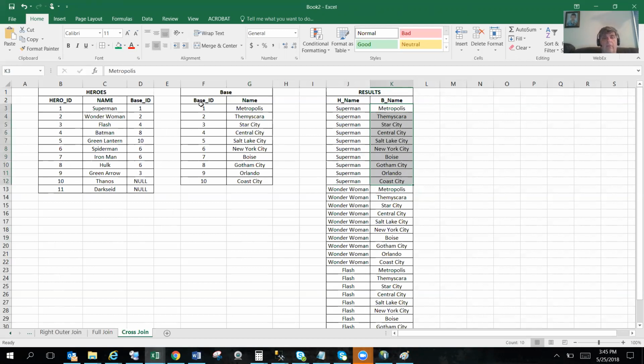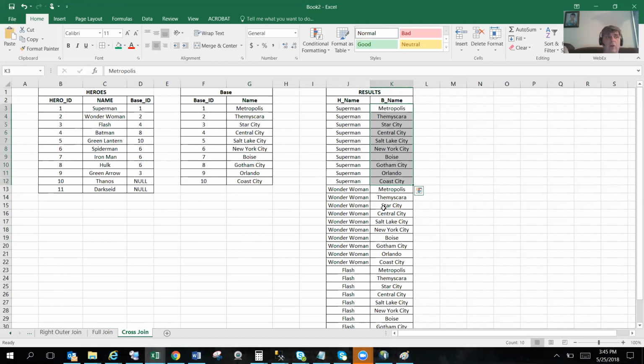So Superman, Metropolis, Superman, Themyscira, Superman, Star City, Superman, Central City. And then the same thing, Wonder Woman, Metropolis, Wonder Woman, Themyscira, Wonder Woman, Star City. Basically it just pairs every row in table A with every row in table B.